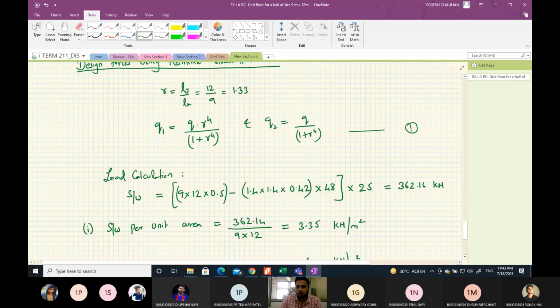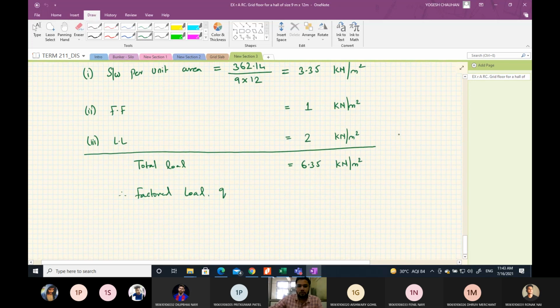So we'll use this formula. Q is equal to 1.5 times 6.35, which will be 9.53 kilonewton per square meter.